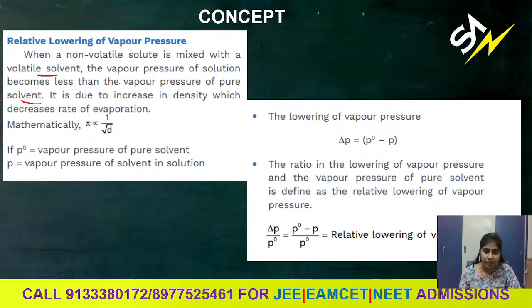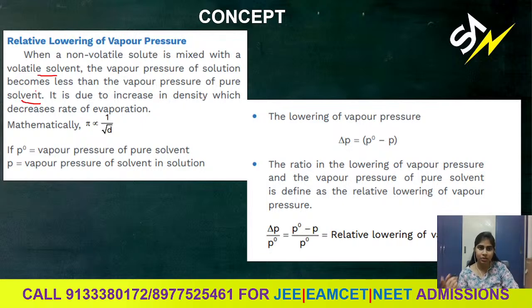See, the vapor pressure of the solution, it means a mixture of non-volatile solute and a volatile solvent, that vapor pressure becomes less than the vapor pressure of the pure solvent.